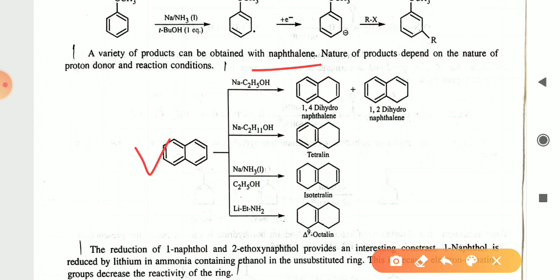Okay, this is the naphthalene, and in the presence of sodium and C2H5OH, it will give 1,4-dihydronaphthalene and 1,2-dihydronaphthalene. In the presence of sodium and C5H11OH, it will give tetralin. In the presence of sodium, liquid NH3 and C2H5OH, it will give isotetralin, and with lithium, ethylenediamine, it will give octalin.